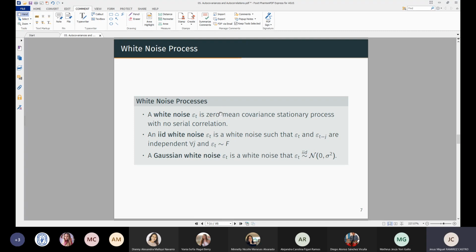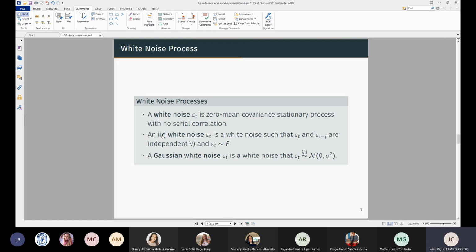Here, for example, in the first definition, epsilon t and epsilon t minus j could be generated by different distributions. The only thing that we need is that the correlation should be 0, the mean should be 0, and it should be covariance stationary. That's it. We don't need anything else.